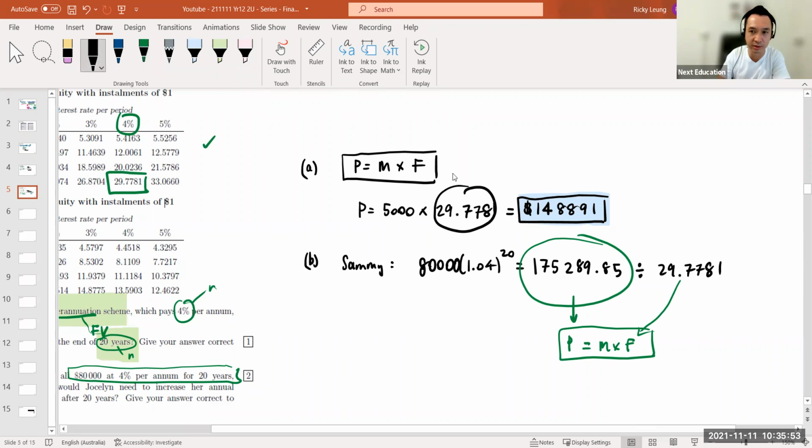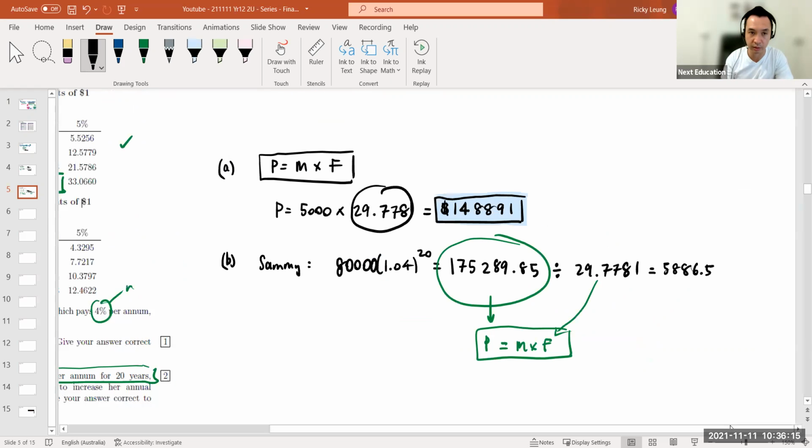Does that make sense? So once I do that, let's see what we get. This should be a bit above the 5,000 that Jocelyn put in. So if I divide by 29.7781, yes, it is. It's 5886.57.